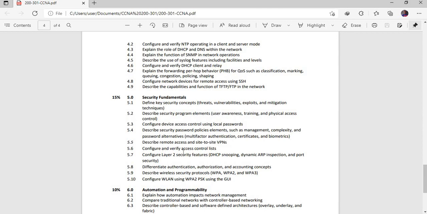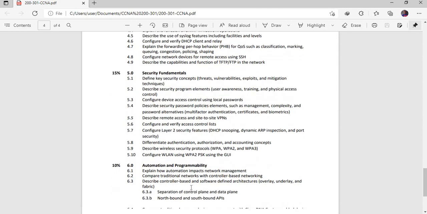We will also configure and verify access control lists. We will configure layer 2 security features, differentiate authentication, authorization, and accounting concepts. We will describe wireless security protocols. We will configure wireless LAN using WPA2 pre-shared key using the GUI.